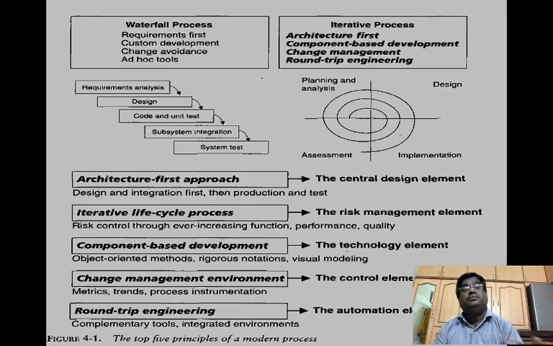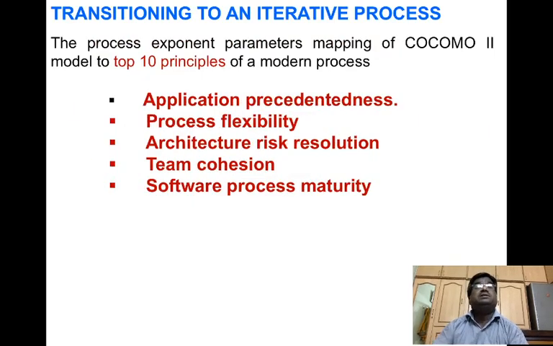There are 5. In the case of the iterative process model, there are 5 principles you should remember: architecture first, iterative life cycle process, component based development, change management environment, and round trip engineering. Okay, good. Next class we will learn about transitioning into an iterative process model. It is COCOMO 2.